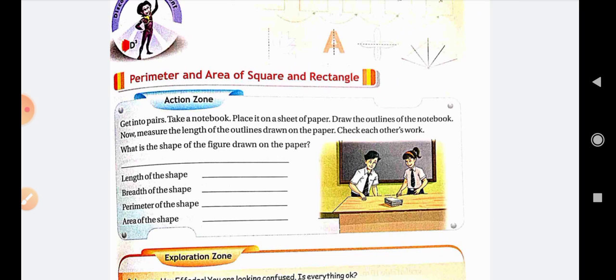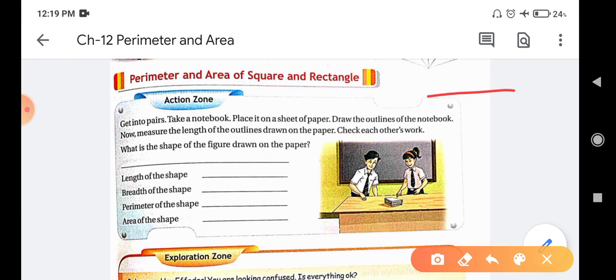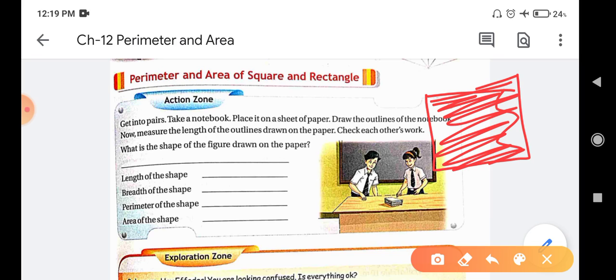So this is perimeter. And area measures the space inside a shape. Area is always used to measure the space inside a shape. For example, this is a shape, and if we want to find its area, then the space that is inside this shape is called the area.